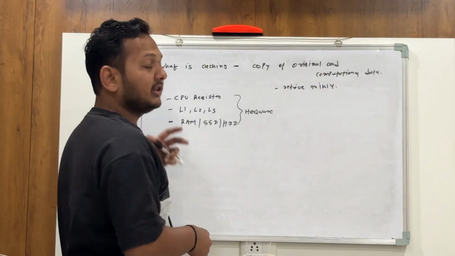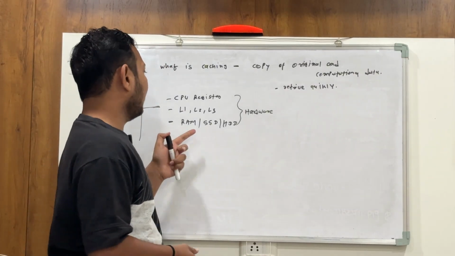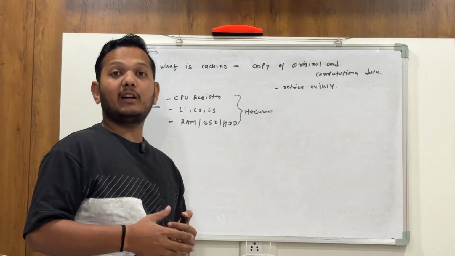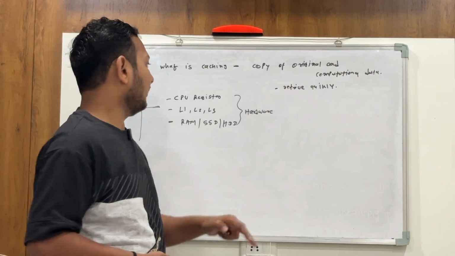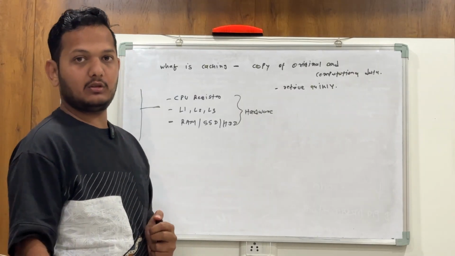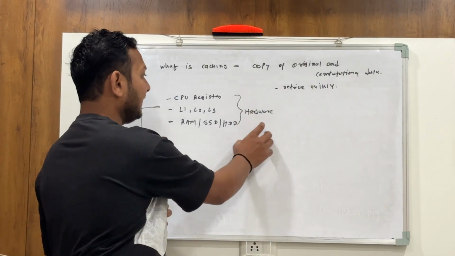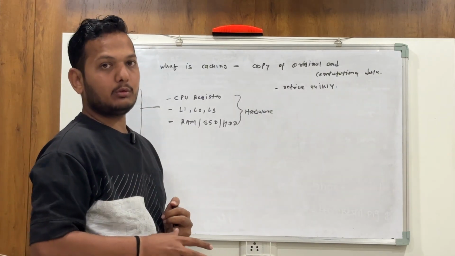For example, the CPU register works in nanoseconds, while RAM works in hundreds of nanoseconds, while the hard disk and SSD run in milliseconds. That is the hardware level cache present in the laptop.